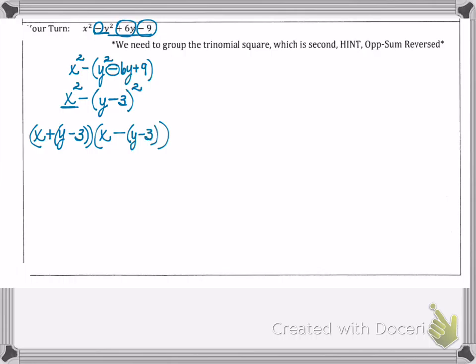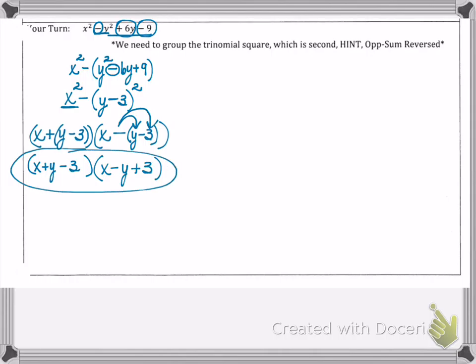And the reason you need parentheses is if you simplify this even more, first set of parentheses doesn't change. Second set changes to minus y plus 3. Kind of weird there, but we're doing a negative or an opposite of y and an opposite of a negative 3. So we've got our difference of squares there, and we factored those, and then we're down to the final factored form right there.